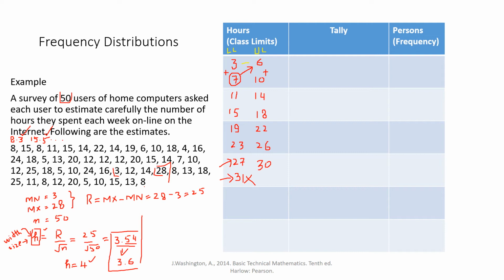All the time we put these dashes here. So now this, or any one of them, is a class, and each class has two limits, upper limit and lower limit. Well, now we are ready to play with the data.